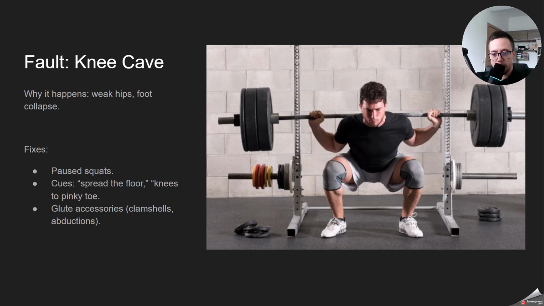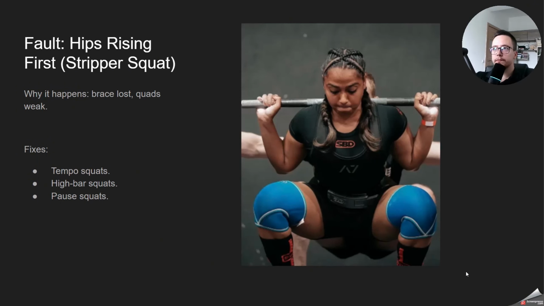It really brings a lot of strength at the bottom, and it really helps you bring that strength up. Okay, so cues such as spread the floor, knees to pinky toe might be helpful, and glute accessories, clamshells, abduction, pretty much anything that can help to train that abduction is going to be absolutely fantastic for this particular issue.